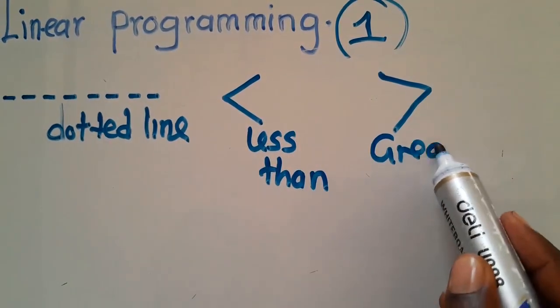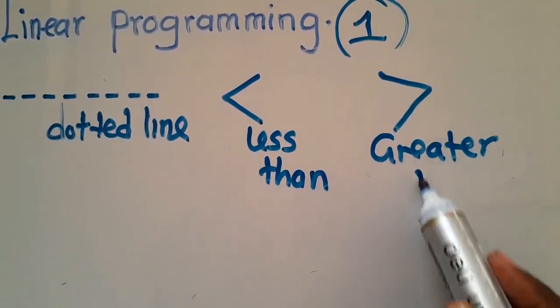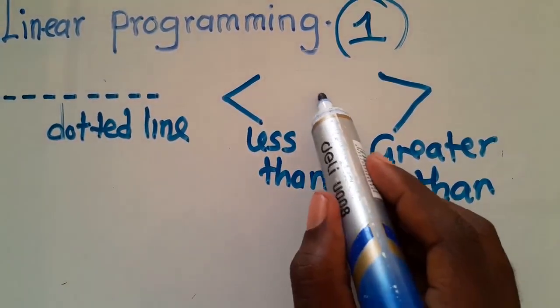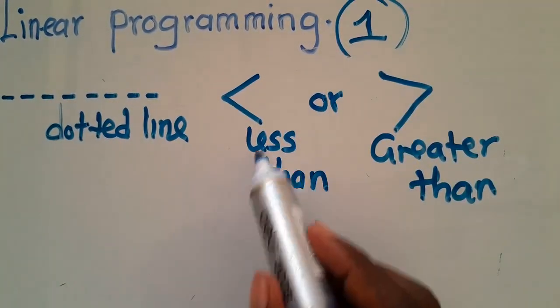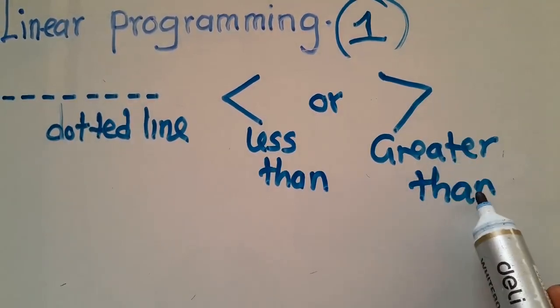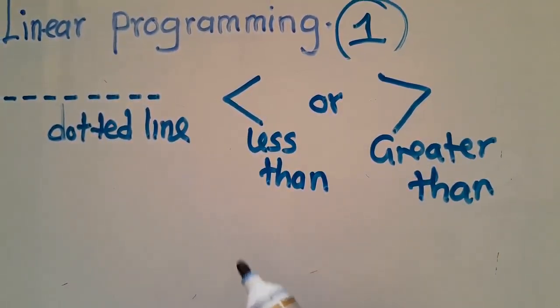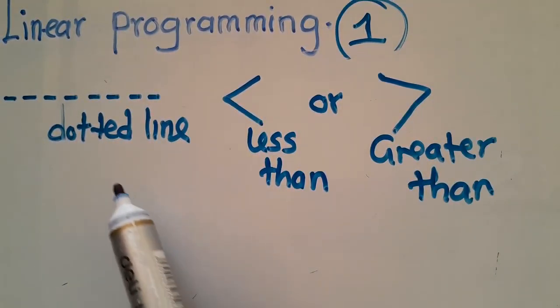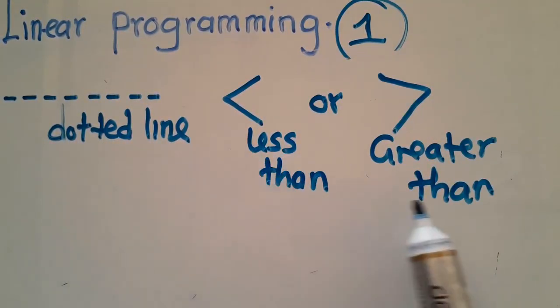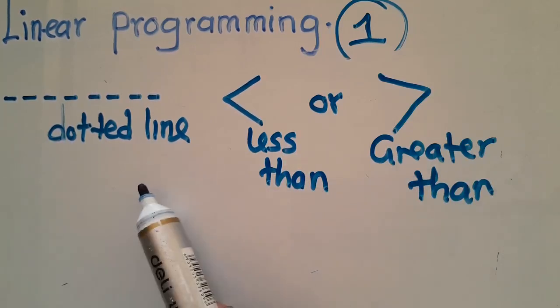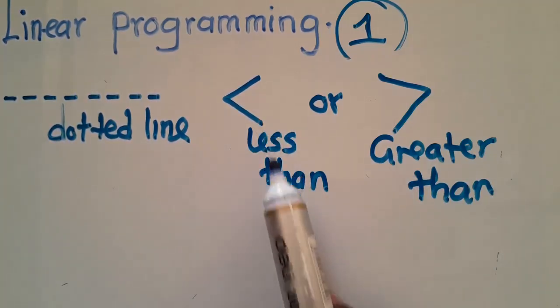Greater than. These are the symbols that you need to know. Whenever you see a dotted line, the inequality that you are supposed to use is either this one or this other one.